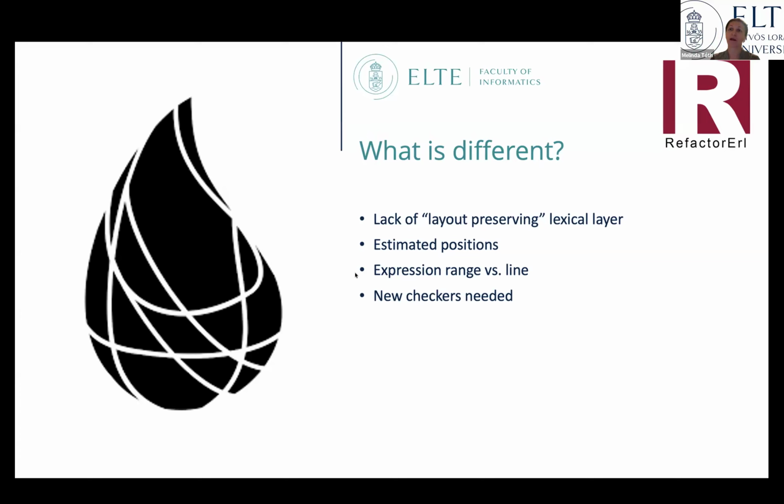In the case of Erlang, we can exactly mark the expression that is vulnerable in the source code, because we have the original syntax and the original code with the position information and everything. But in the case of Elixir, during the compilation, we actually lose the original syntax and also the position and expression range information. We have just a line information in the abstract code.